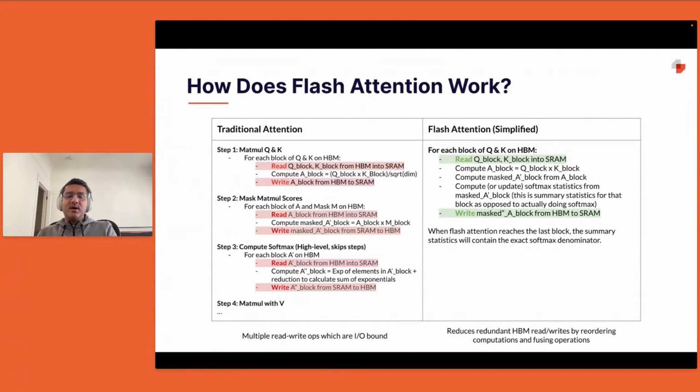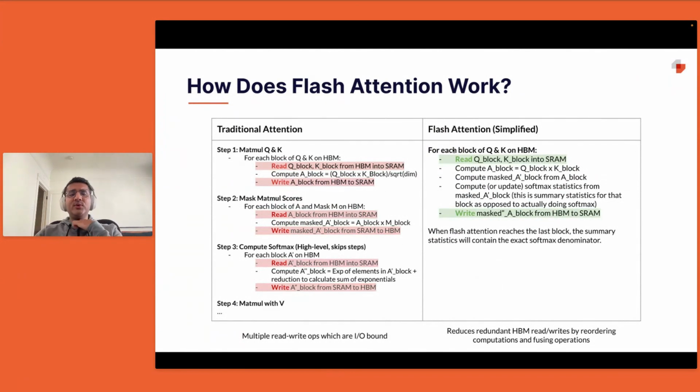What flash attention does is that it's IO aware, and it does two clever things. It reorders some of the operations in traditional attention that are smarter, and it removes all of the redundant reads from HBM to SRAM and writes from SRAM back to HBM.